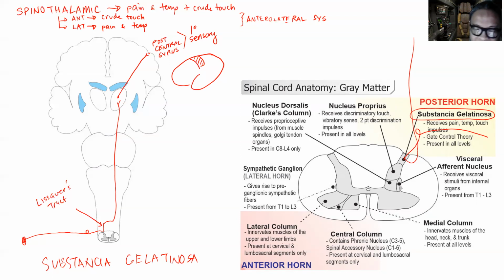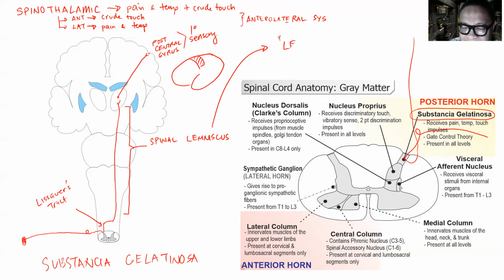Now, we are going to talk about one more term, this part over here. You might encounter the term spinal lemniscus. Okay, the term lemniscus is going to be discussed many times. You're going to hear about the lemniscal system, or you have your spinal lemniscus, you have your dorsal or medial lemniscus.